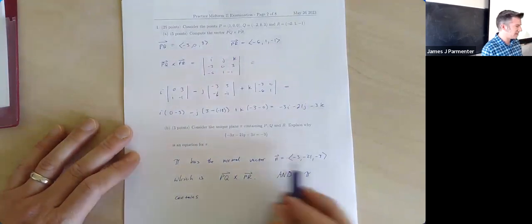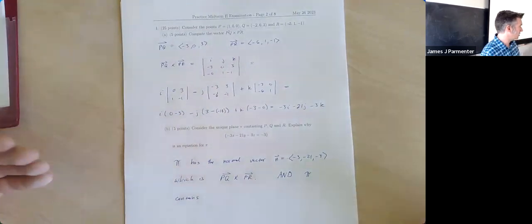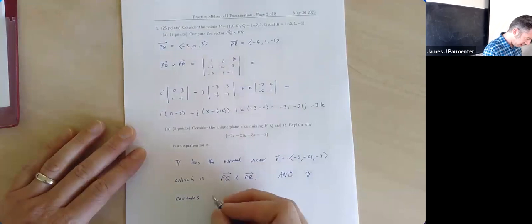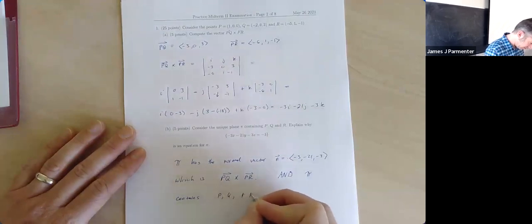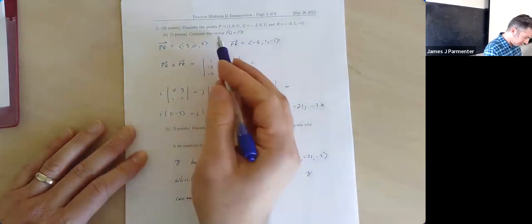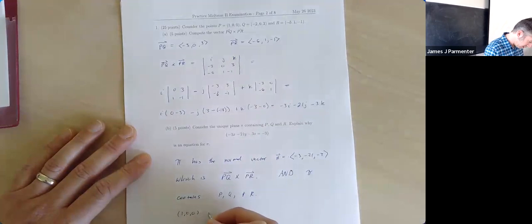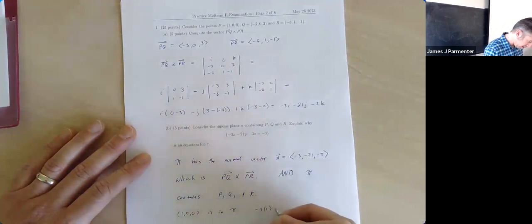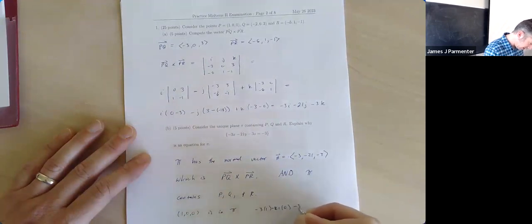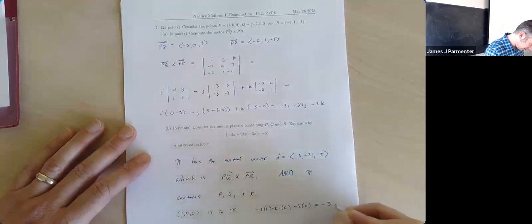I feel like you might not even have to say this part first. You could literally just check. You could say, well, it contains the points P, Q, and R. Clearly P is in there, because 1, 0, 0 is in pi. Check. -3 times 1 minus 21 times 0 minus 3 times 0 certainly equals -3.